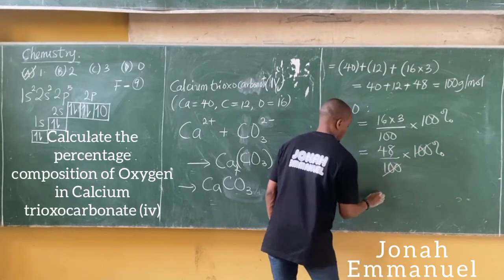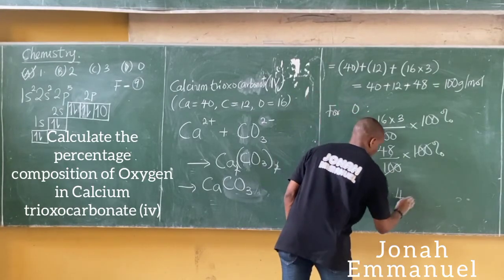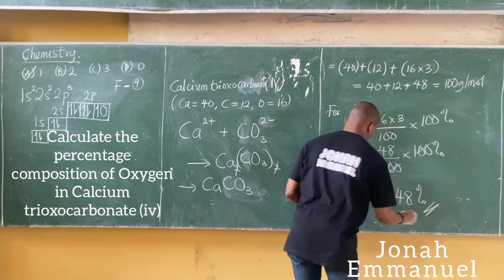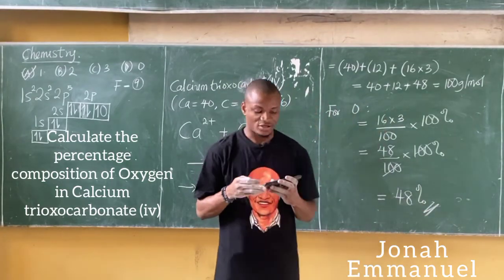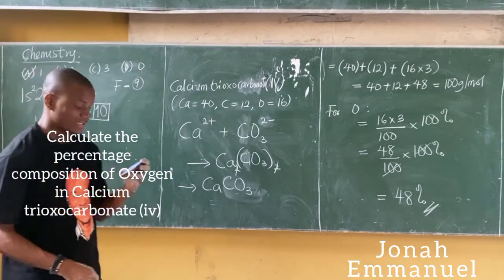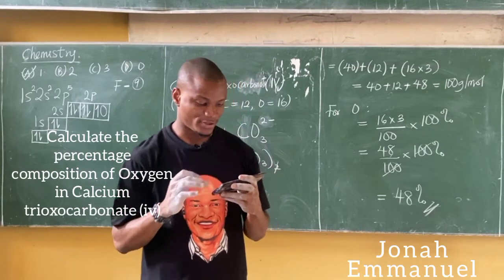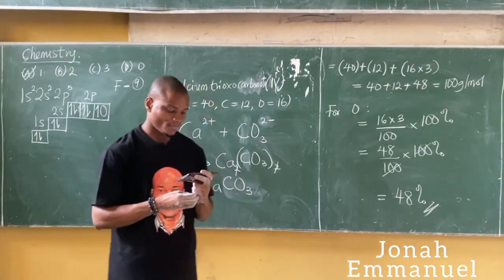This will cancel this. That's why I got 48%. 48% here is option B. I didn't give you options on this one, but that's actually option B here.